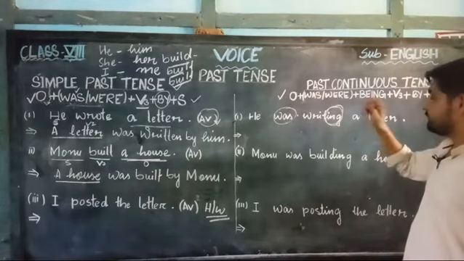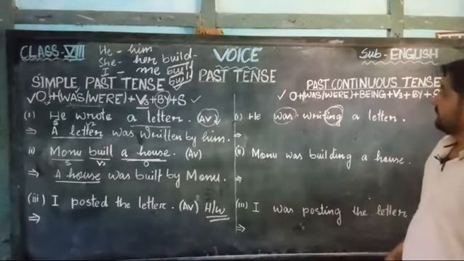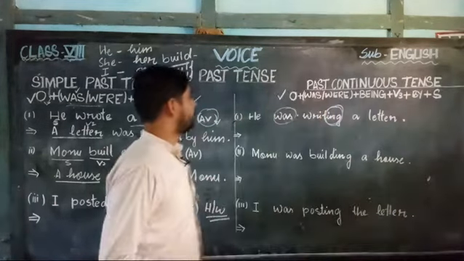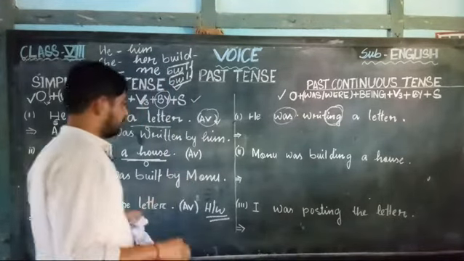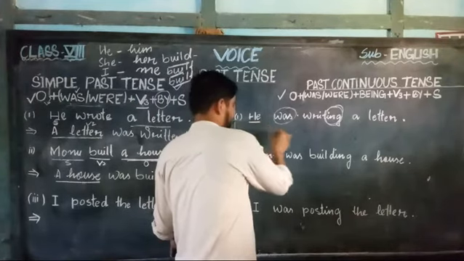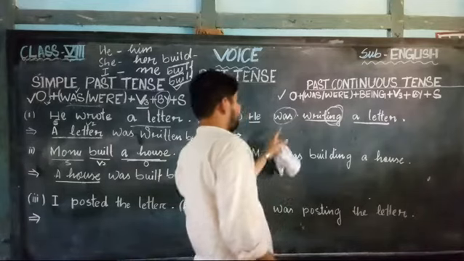So by using this rule, let us change this sentence into passive. What will we write first? I told you to first find out which one is the subject, which one is the verb, and which one is the object.